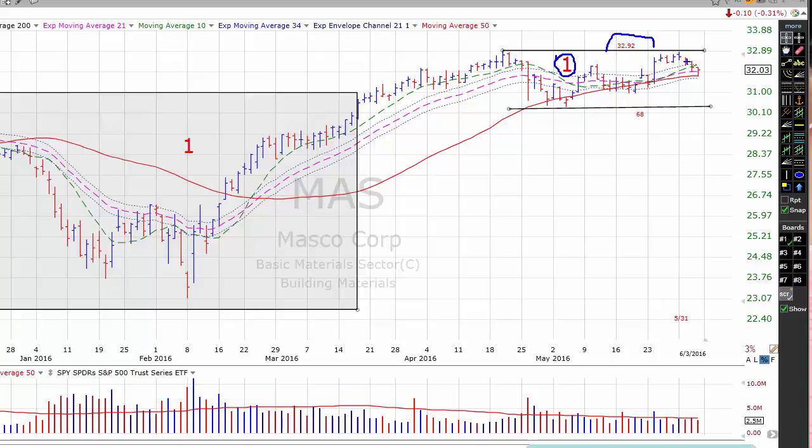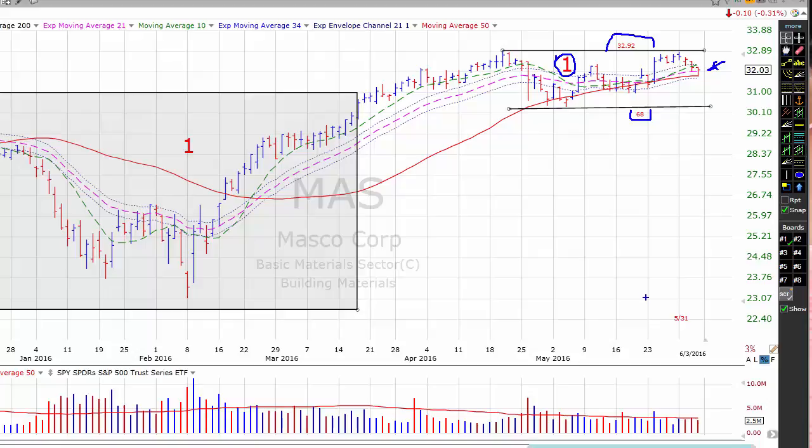Notice how we have 1, 2, 3 days of lower trade here, and so Masco may be working on a handle which gives us a little bit earlier buy point, not significantly so. Masco gets a 68% checklist rating and may be of interest to both conservative and aggressive traders here.